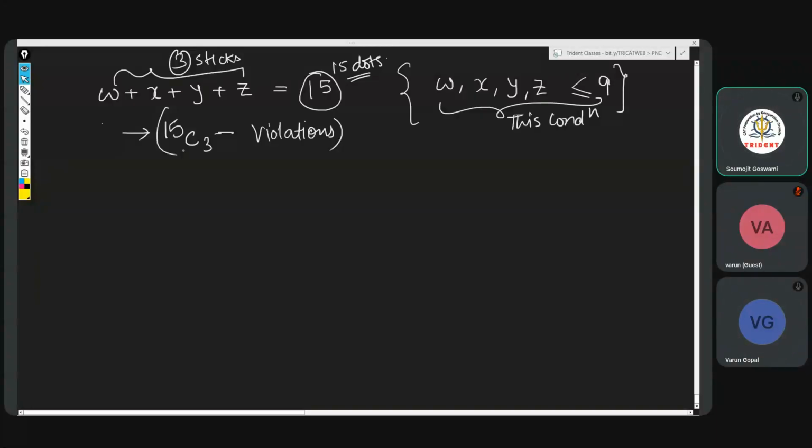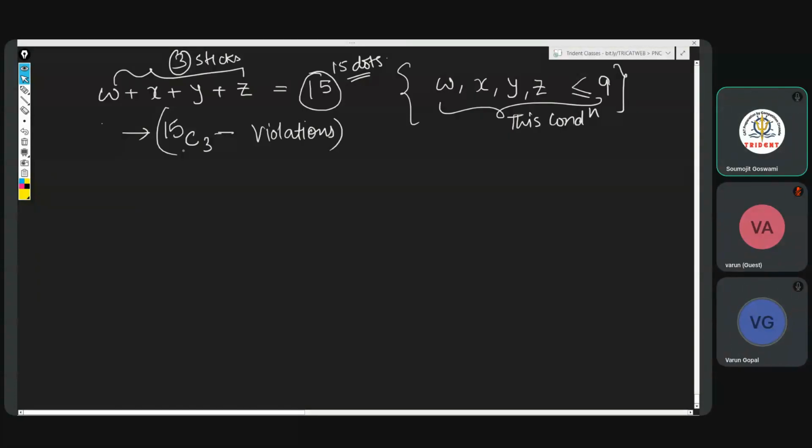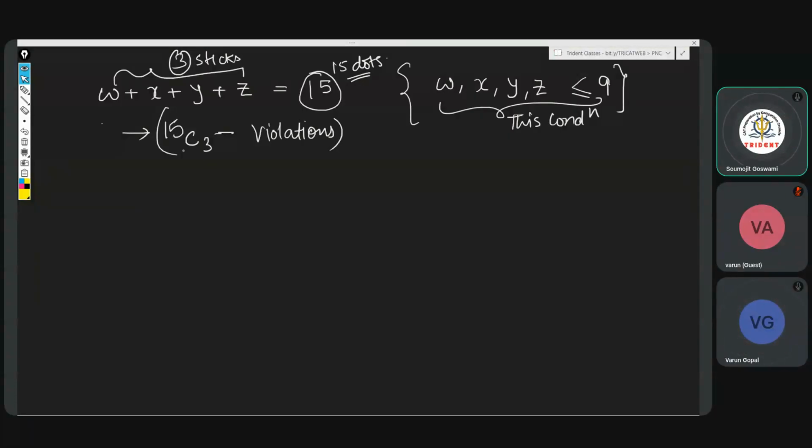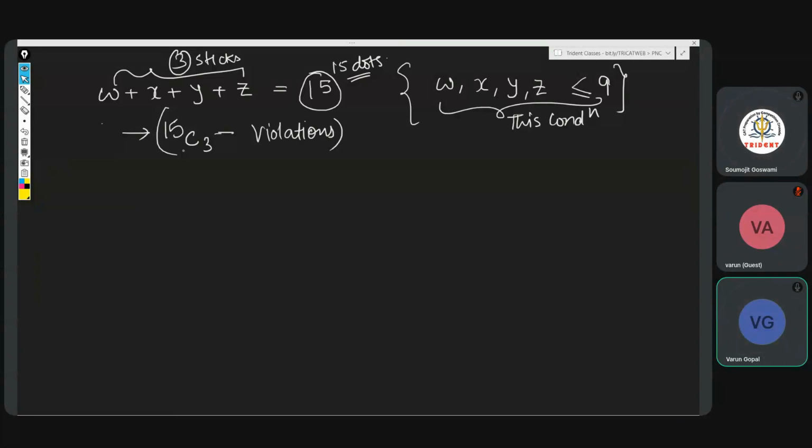How do we calculate the violations? Think about this. Actually, I've become a little rusty with these concepts, so I'm also thinking, but the answer will be the total minus some violations.